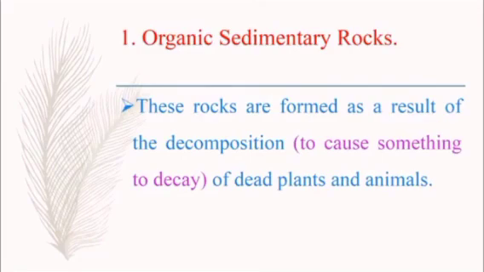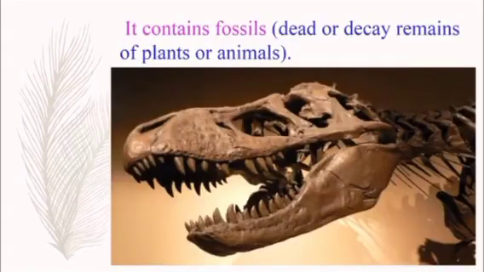These rocks are formed as a result of the decomposition of dead plants and animals. Here, decomposition means to cause something to decay. It contains fossils. Fossils means dead or decayed remains of plants or animals.